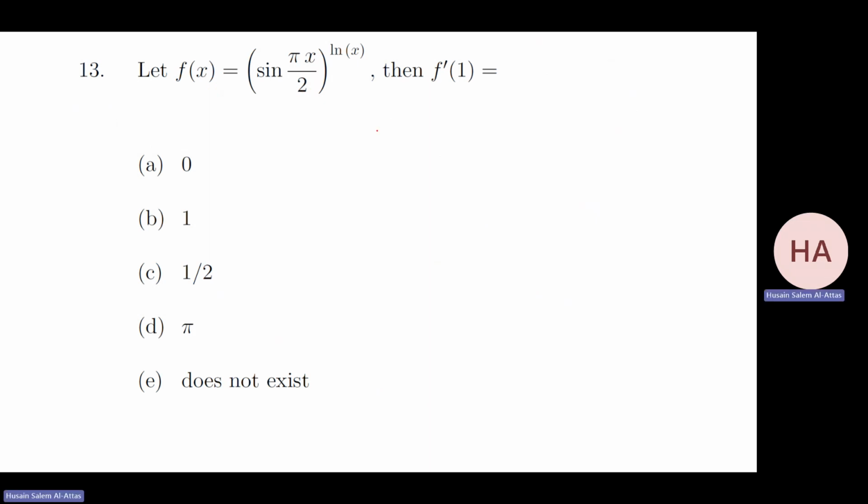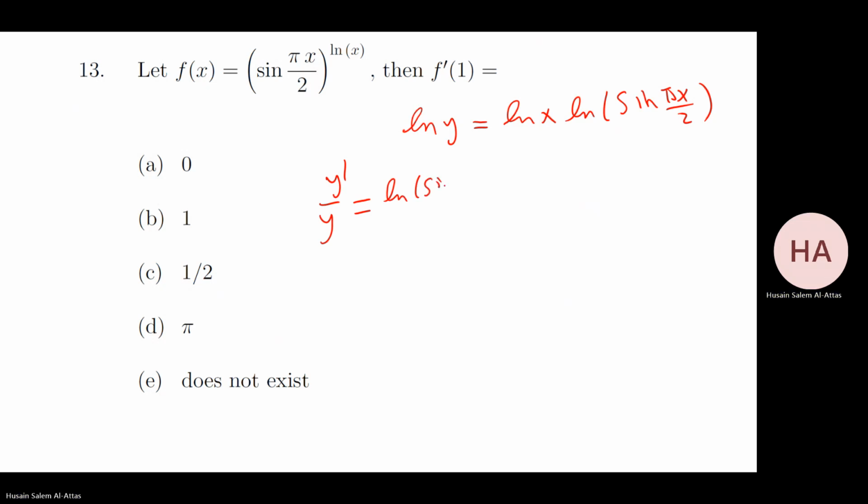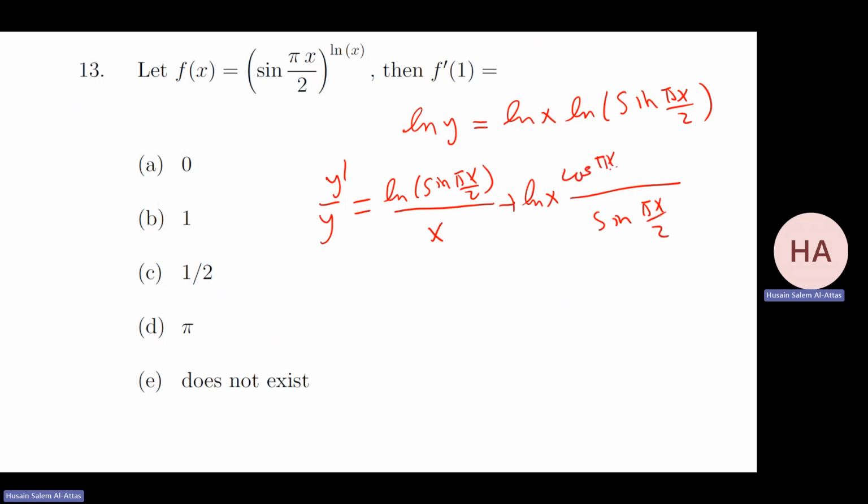Take ln. So I have ln y equal ln x times ln sine pi x over 2. Differentiate: I say ln sine pi x over 2 over x plus ln x times, over sine pi x over 2, here I have cosine pi x over 2 times pi over 2. That's a big difference.